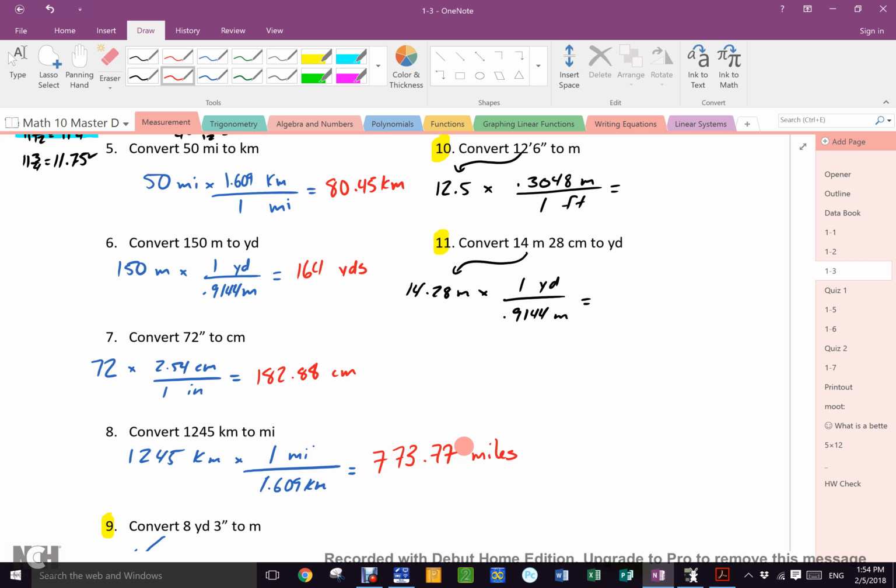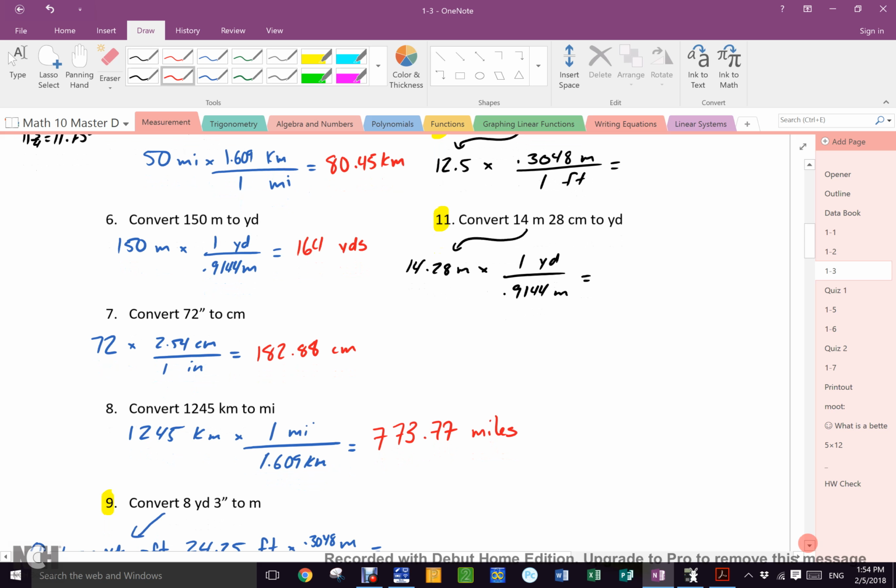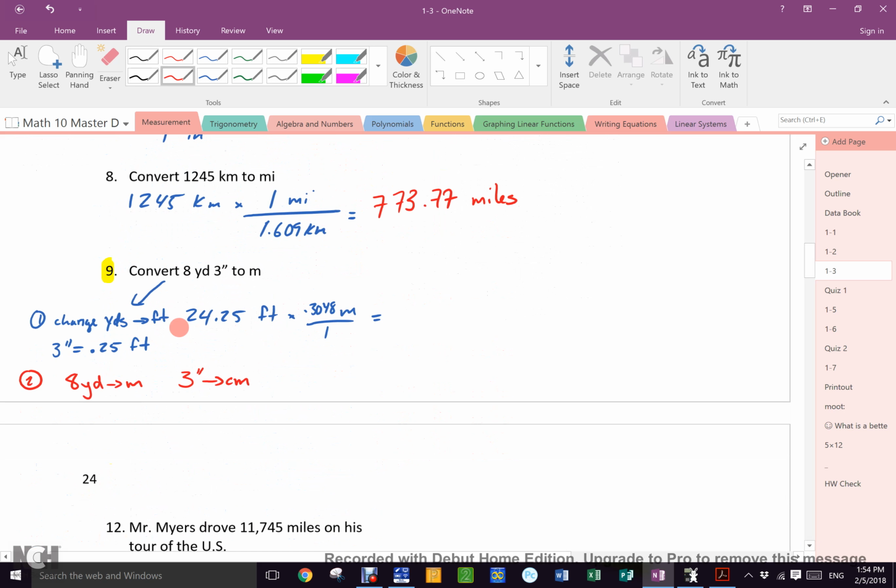Okay. Now, what's weird about number 9? It's yards and inches. So it's tough to change. This is your 2 choices. I took my yards to feet, and then I remembered that 3 inches is 1/4 of a foot. So I had 24 feet, because 8 times 3, and 1/4 more of a foot.